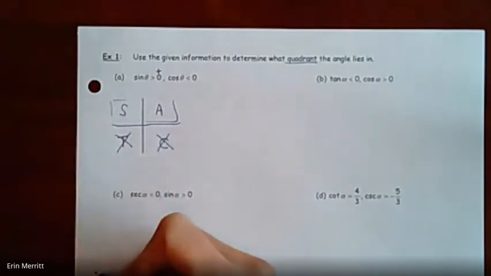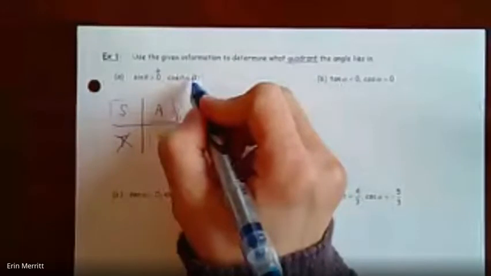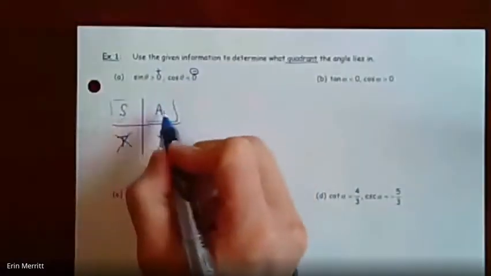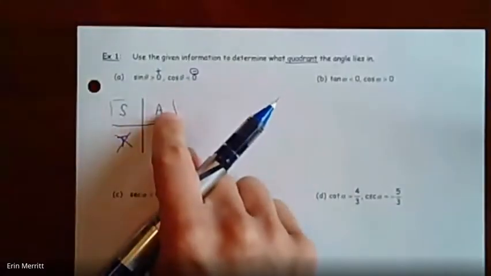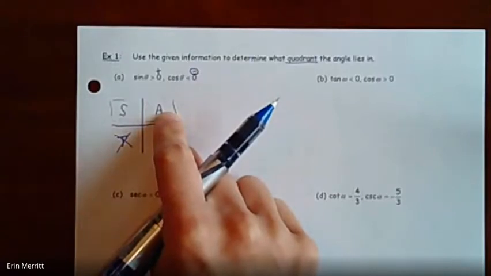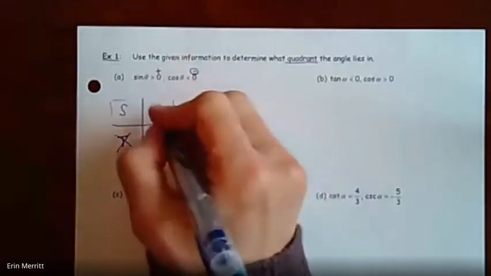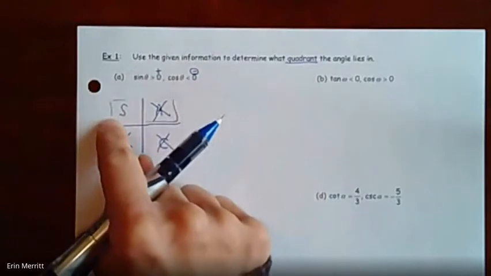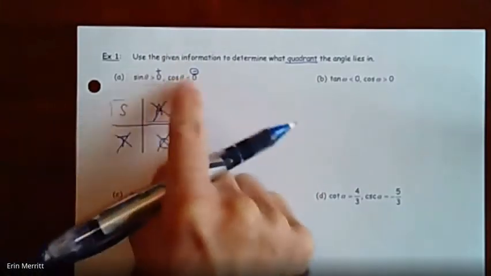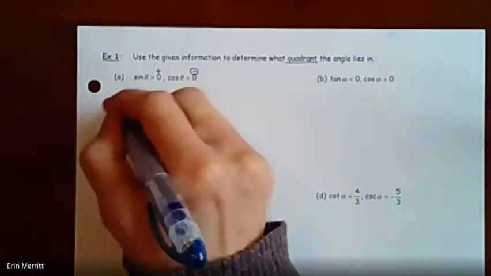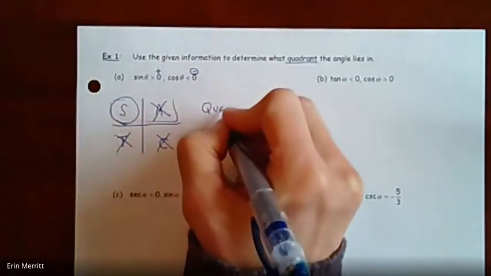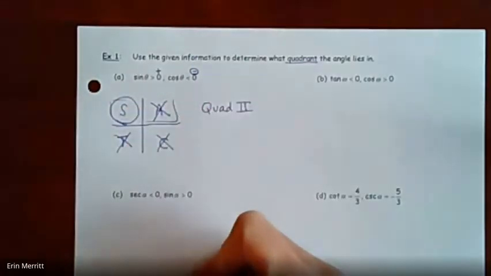All right, the second clue, cosine is less than 0, or is negative. Between these 2, since they're all positive here, it can't be in that one. Cosine wouldn't come out negative. So I'm going to get rid of it. Over here is where sine would be positive and cosine would be negative. So my answer is, what quadrant are we in? We are in quadrant 2.